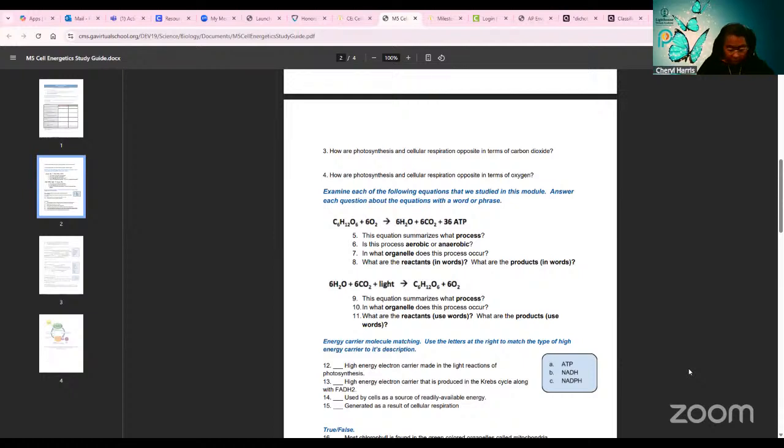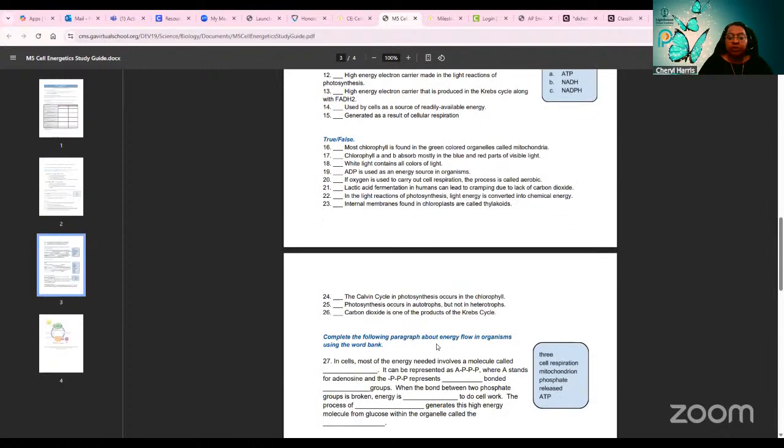And more than likely, I don't write the test, so I can't say for sure, but they most likely will ask you about products and reactants. And when you're looking at these two, one is the reverse of the other. Okay, so know what an ATP is, what we call the energy molecule. The energy that is created is stored in an ATP molecule. All right, so make sure you look this one over.